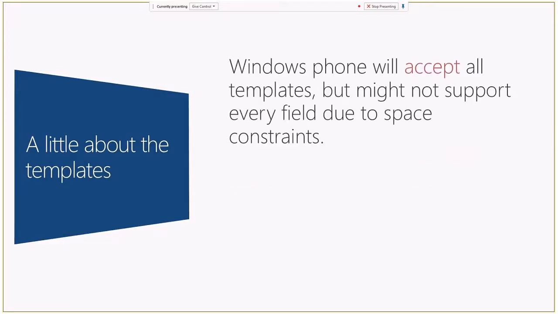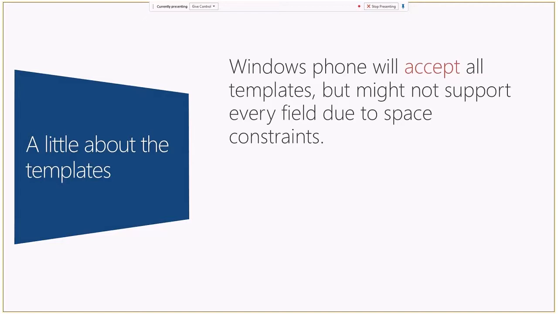A word about template support in Windows Phone. If you just launch your code as it is right now, working on a Windows Store application, it will work on Windows Phone, because Windows Phone will accept pretty much any template. The thing is, because we don't have the same display surface, some of the fields might get truncated.